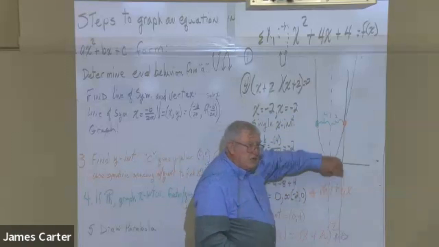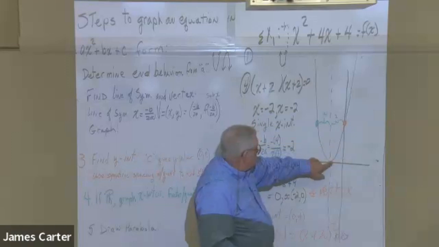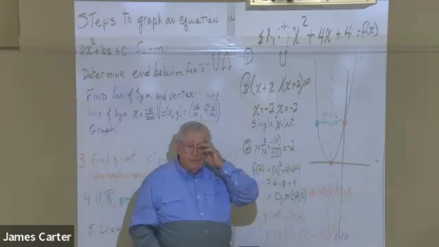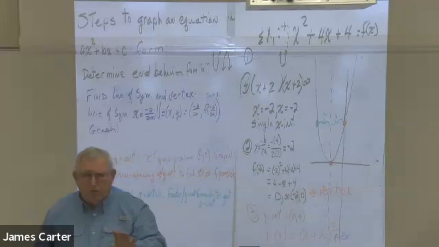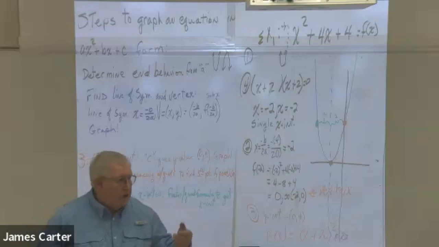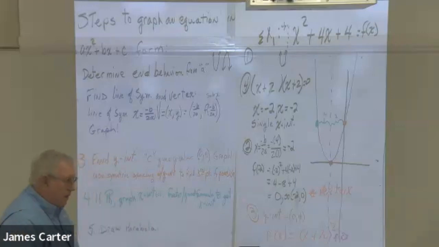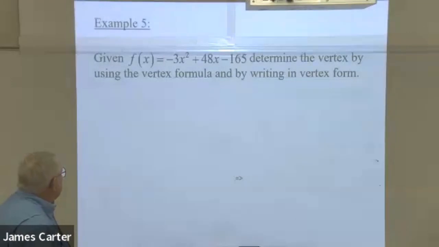And when it crossed, we typically had 2 points. Well, when there's 1 point, that's called even multiplicity. When there's 2 points that cross, that's called odd multiplicity. That's a preview of some coming attractions. Okay? And it'll make more sense a little later, I think, I hope.